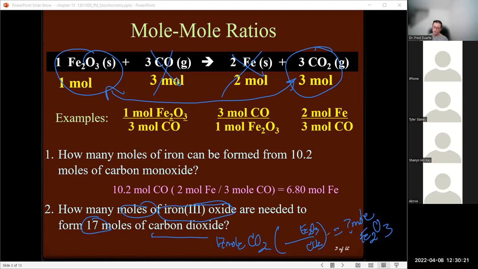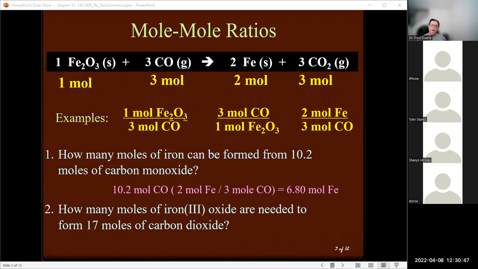So going to the balanced chemical equation and looking at the coefficients, it's 3 carbon dioxide and 1 iron 3 oxide. Now double check your units. CO2's cancel, which is what we're looking to happen. And now it's a matter of doing your math. 17 divided by 3 should give you 5.7 moles of iron 3 oxide.